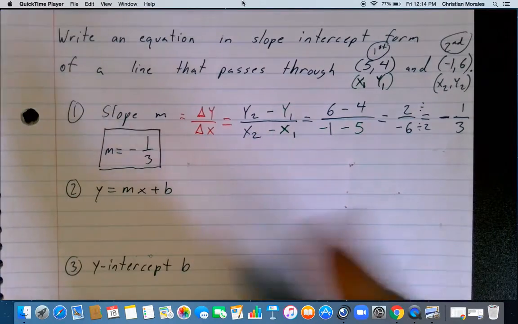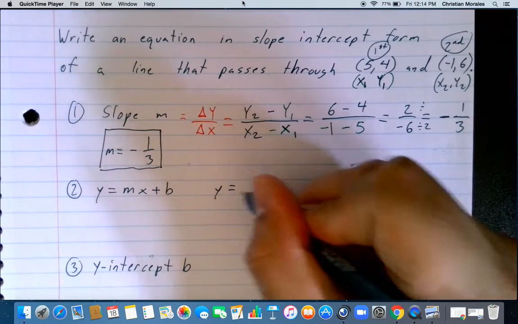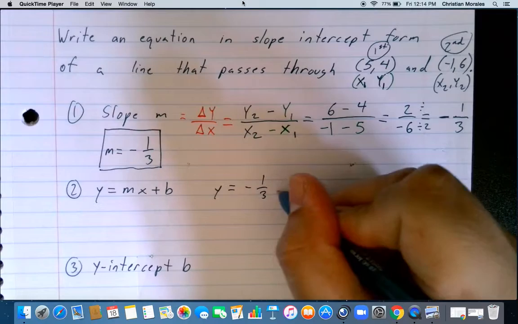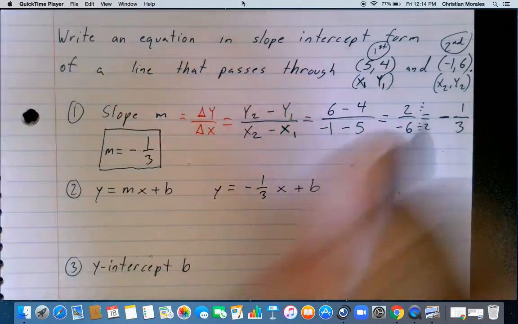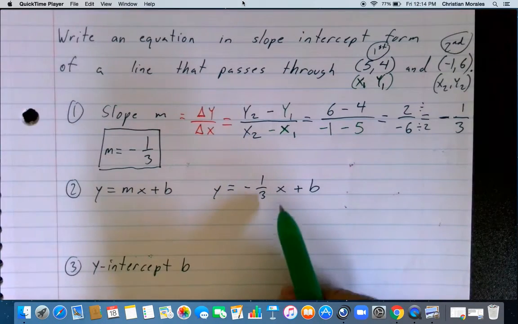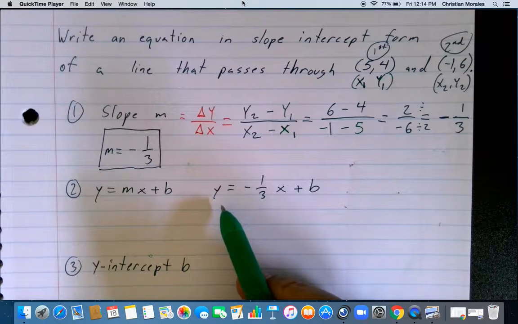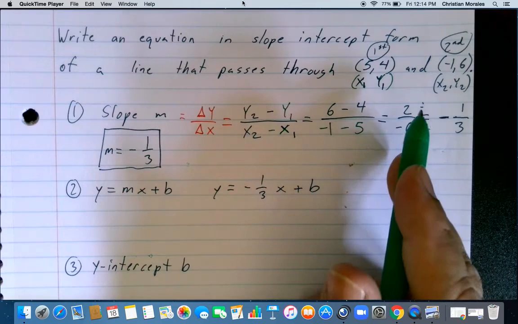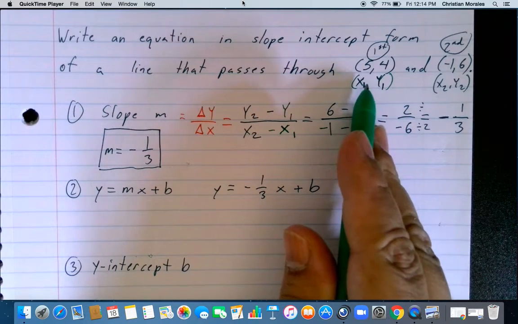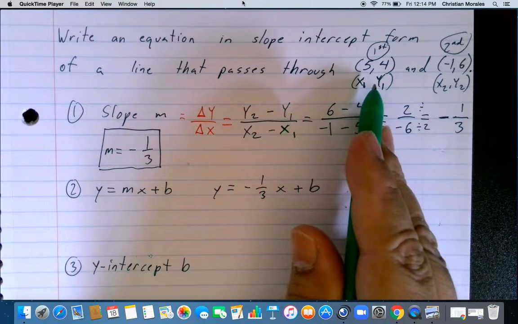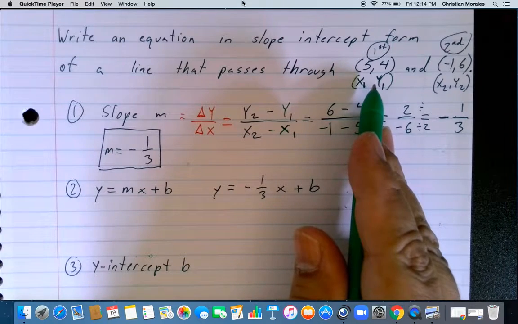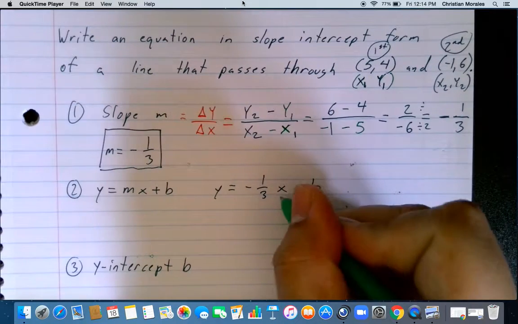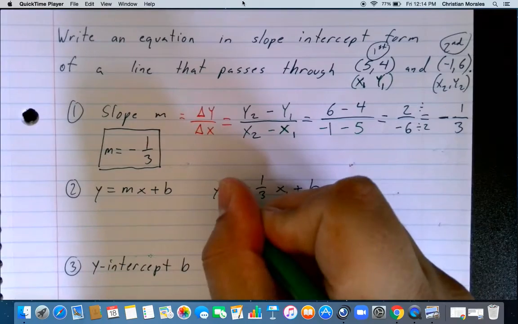Now that you know slope, we need to find b, but you need to plug in an x and a y. So what we're going to do is take this point right here, 4, 5. I'm going to use x1 and y1.